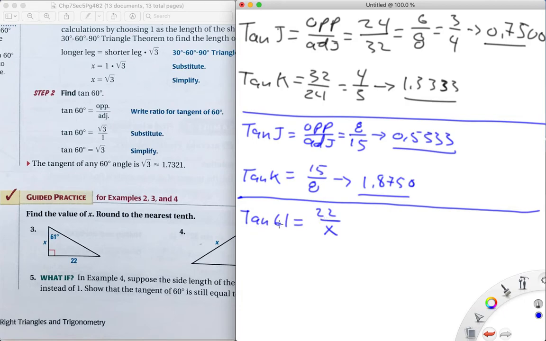Multiply both sides by x, divide by tangent of 61, and we get that x is equal to 22 over tangent of 61. And you get 12.19.